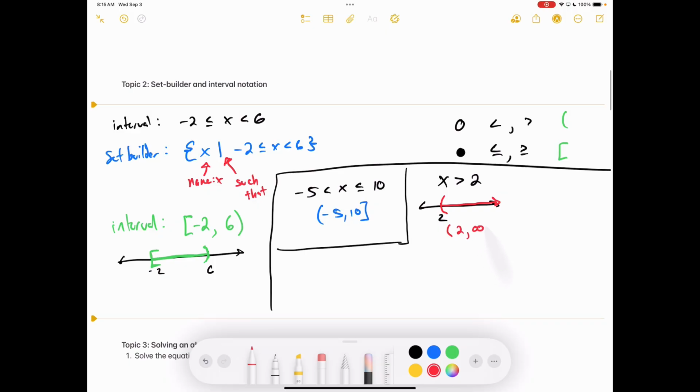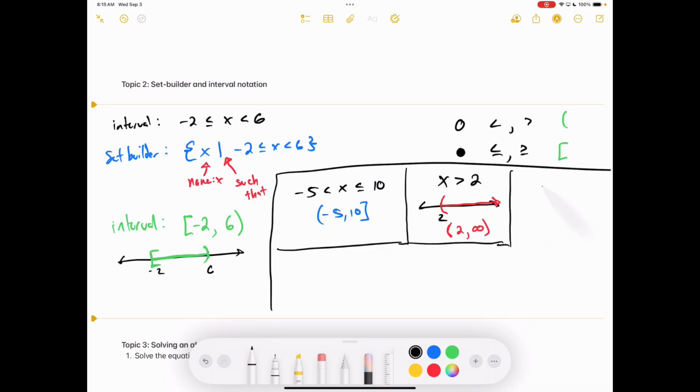In math, forever is infinity. I just do two circles next to my infinity because when I try to draw it like this, it gets real sideways real quick. So this still means x is between 2 and infinity. X cannot equal 2. These all mean the same thing, but this is why it's nice to draw the graph real quick if you're struggling with this at all. Arrow points to the right, graph goes to the right, infinity's on the right. Okay, those all correspond with each other.